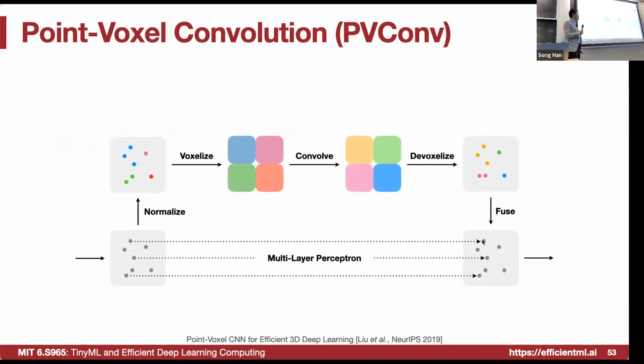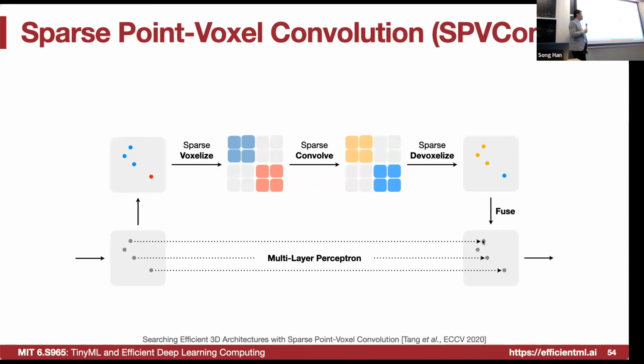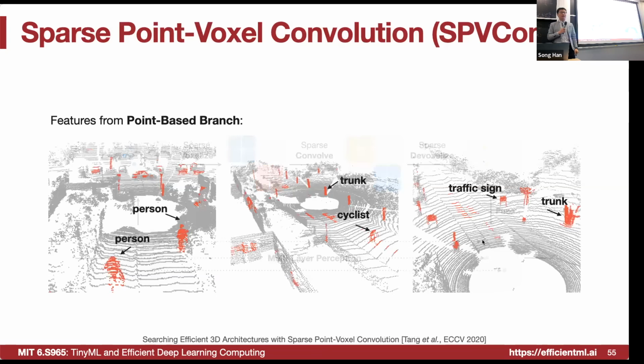Rather than a coarse-grained dense voxel branch, we can have a more fine-grained sparse voxel branch. They use sparse point-voxel convolution, short for SPVConv, using a sparse voxel branch instead of a dense voxel branch.